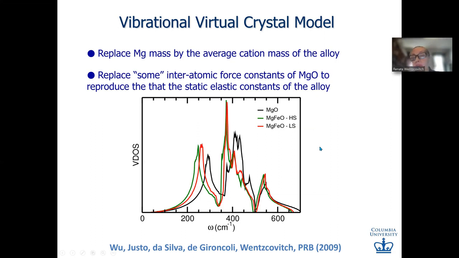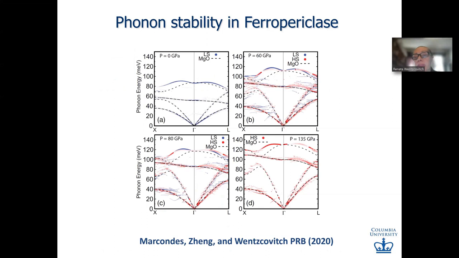Of course, this doesn't prove that phonons are harmonic, and I can use this vibrational density of states to do thermodynamics, right? But that's what we did then. And recently we have confirmed with DFT plus U that these phonons are stable.